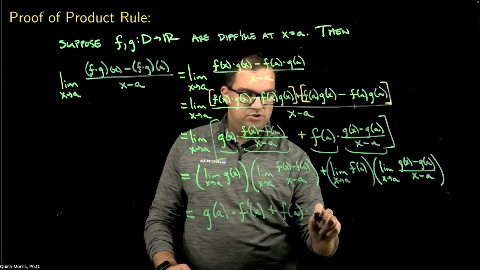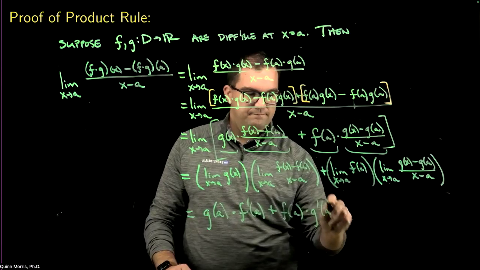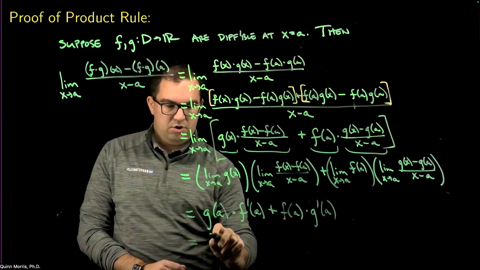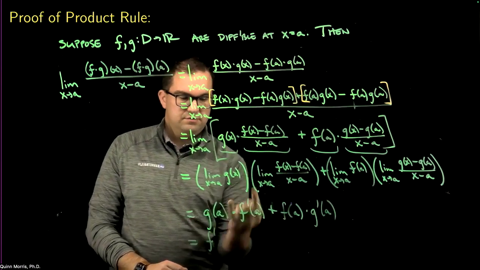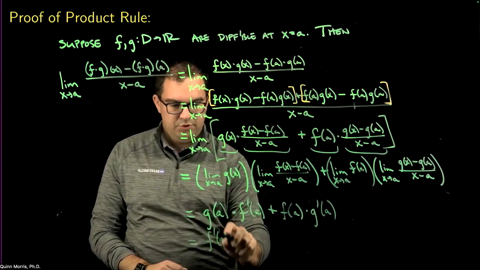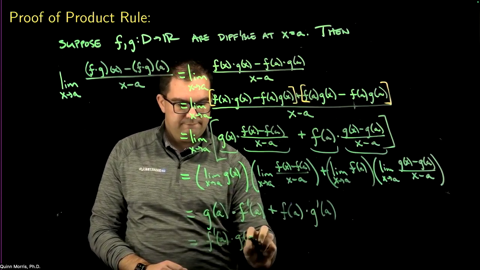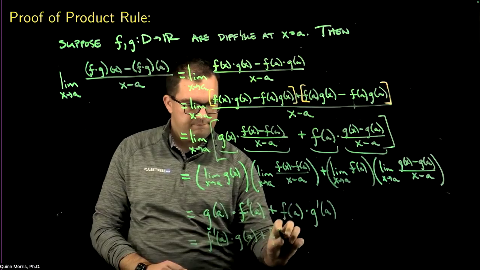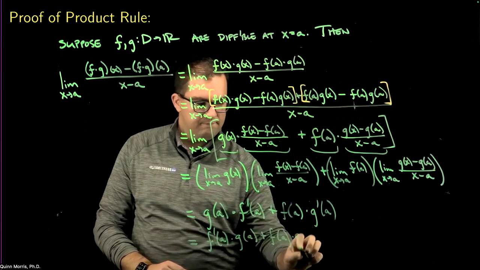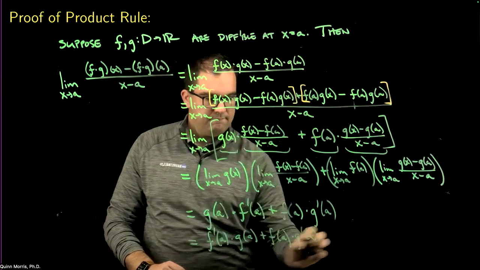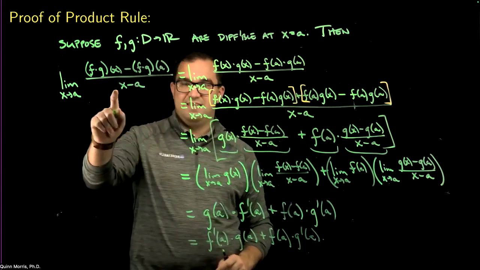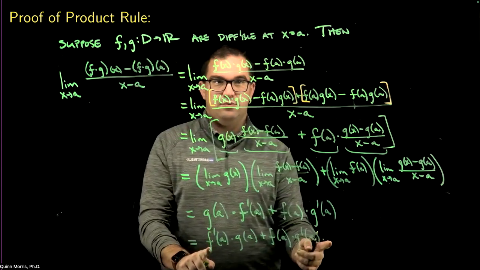And this piece is g prime of a. And now this is almost exactly, if I just use the fact that multiplication is commutative here, then I now have that this limit exists and is equal to this.